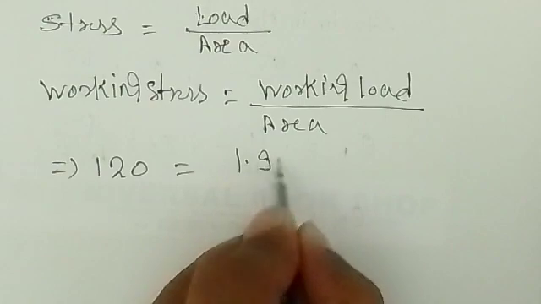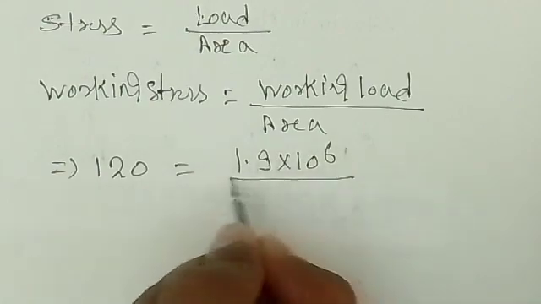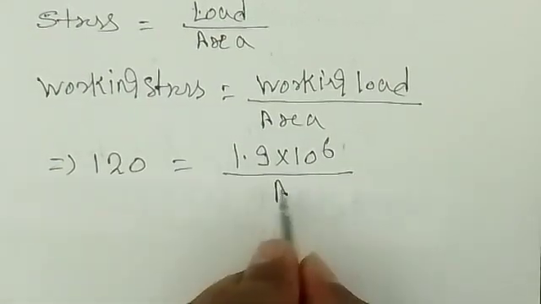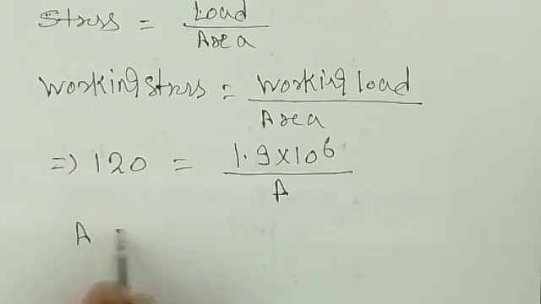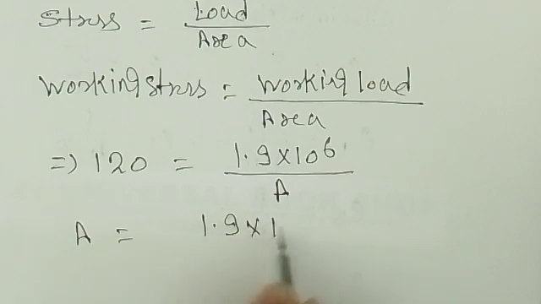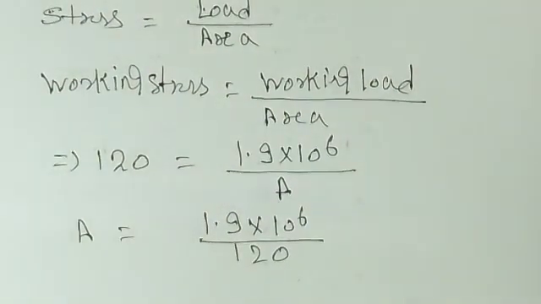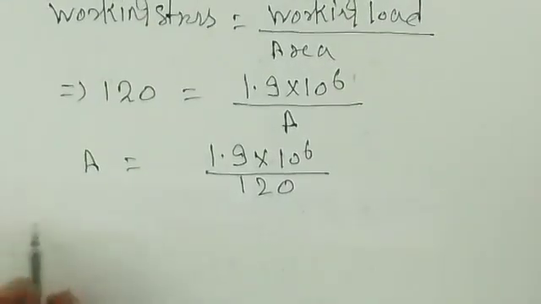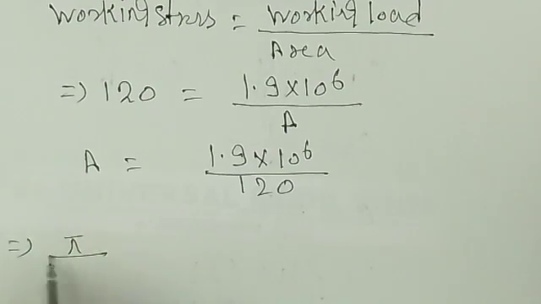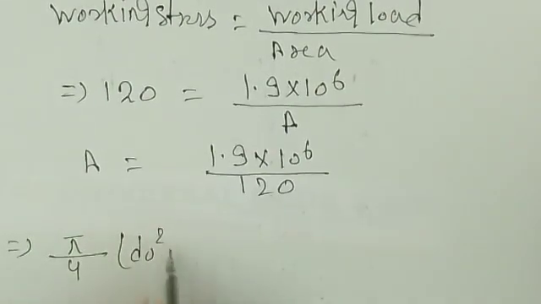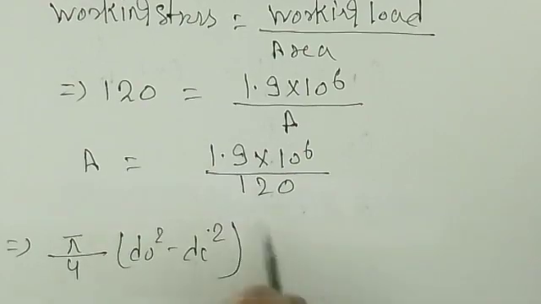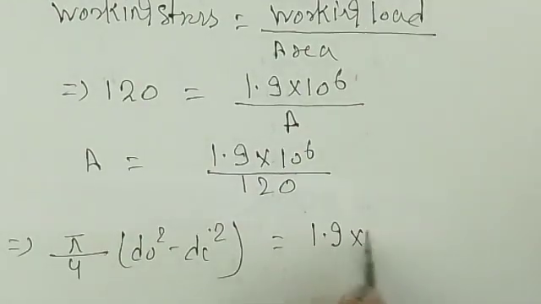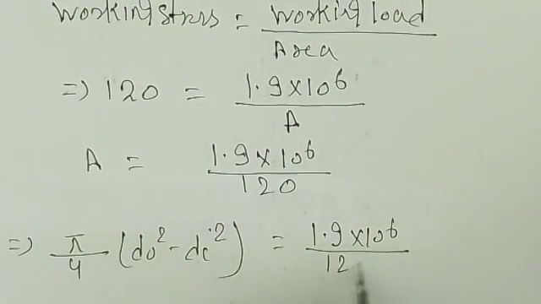The working load is given as 1.9 into 10 to the power of 6 by the area of the column, right? So the area of the column we calculated is 1.9 into 10 to the power of 6 by 120.